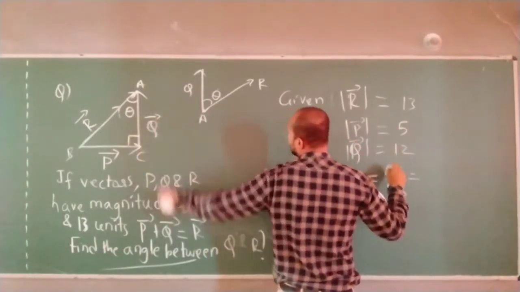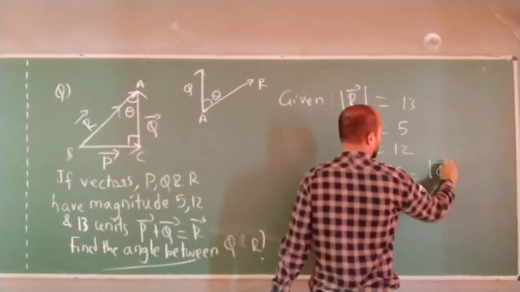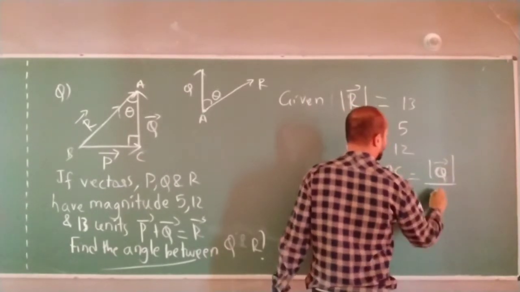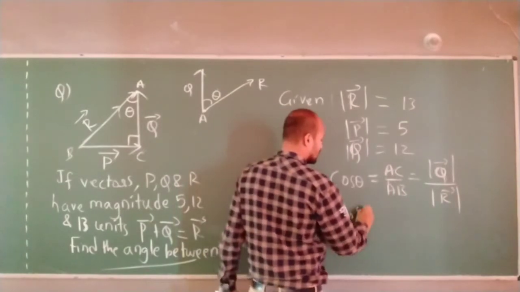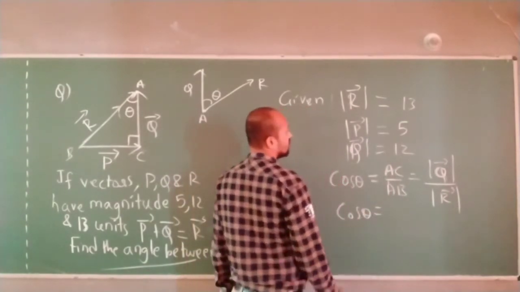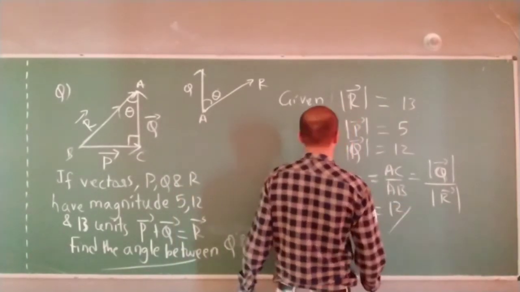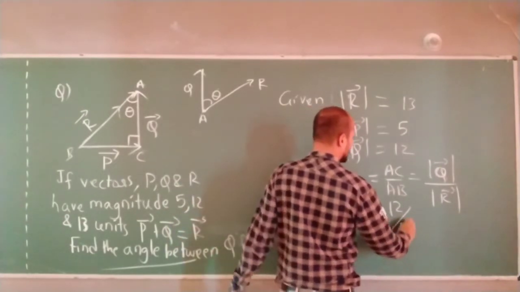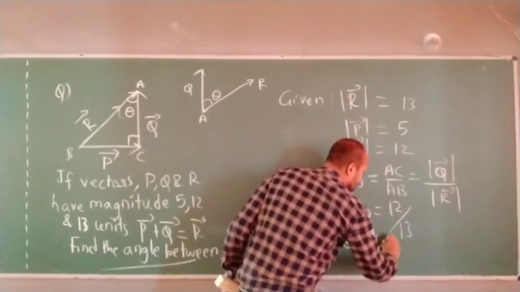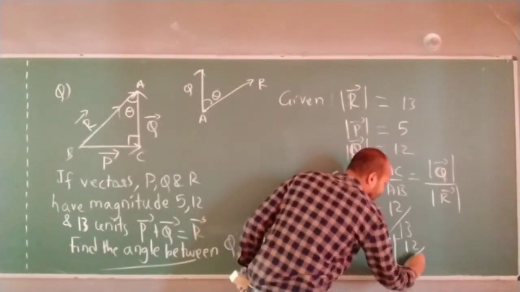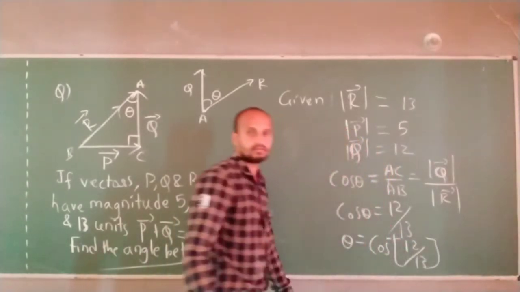AC is magnitude of Q divided by magnitude of R. So cos theta is equal to Q, which is how much? 12 divided by 13. Or theta is equal to cos inverse of 12 divided by 13.